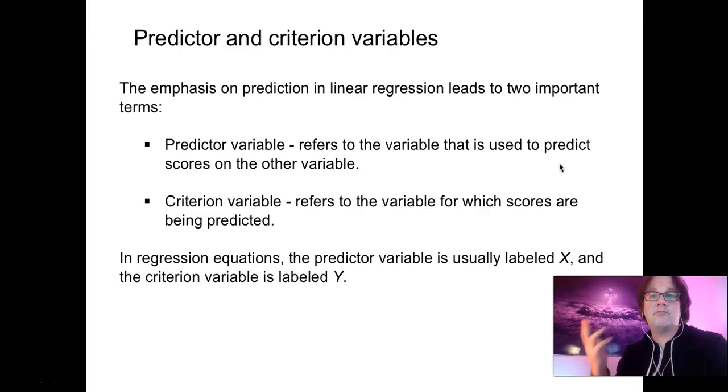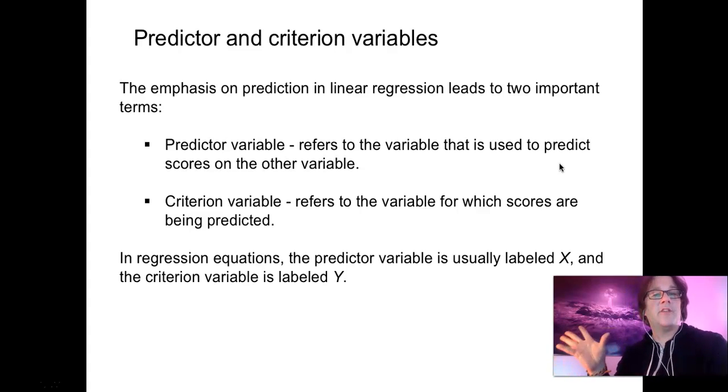It's often your x variable, right? So x is your predictor variable, whatever it might be. And what is x trying to predict? It's trying to predict your criterion variable, which is also your y variable, right? The criterion variable refers to the variable for which scores are being predicted.